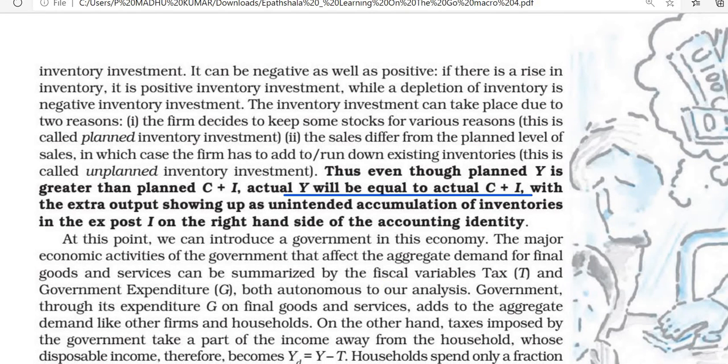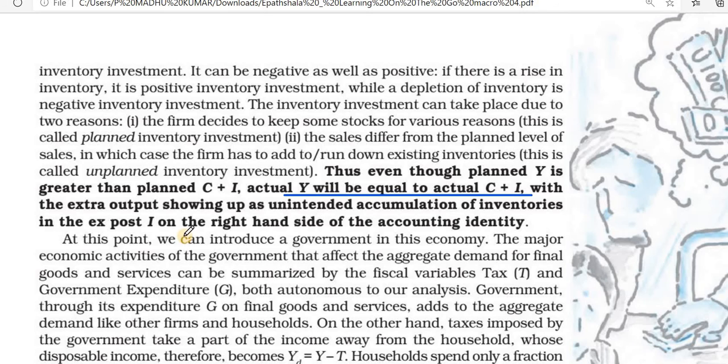Otherwise unplanned sales will be there, meaning planned inventory investment and unplanned inventory investment will be there. Then income is greater than planned consumption plus investment. Actual income will be equal to actual consumption plus investment. That is the two-sector model.